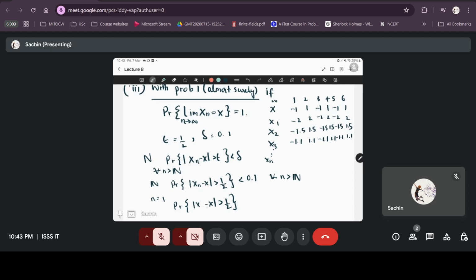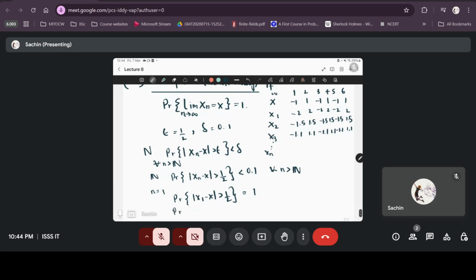Now, probability that modulus of X1 minus X is greater than half is, what is it? Modulus of X1 minus X is always 1, which is greater than half. So it's 1.